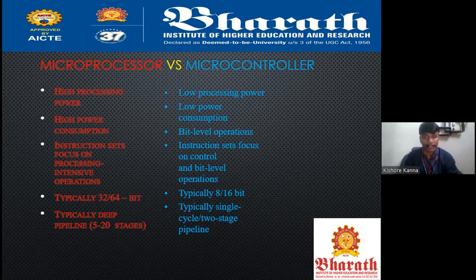A typical deep pipeline in a microprocessor is composed of 5 to 20 stages, a pipeline which supports the transmission of data when it has been constructed as a bus, where the data is moved from one point to another inside the microprocessor. In the microcontroller, only a single-cycle or two-stage pipeline is required. Why?